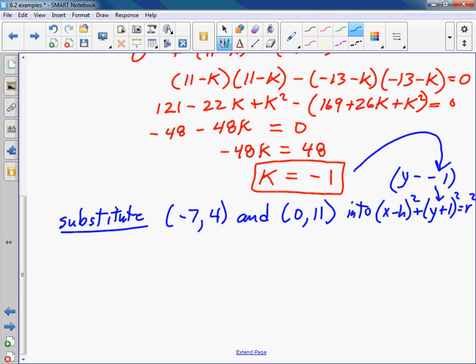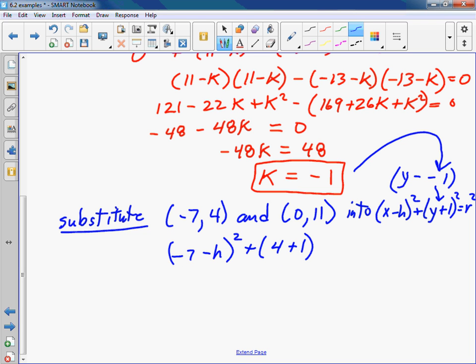Any worries on that? All right, so we're going to substitute this in, and we're going to get negative 7 minus h quantity squared plus 4. Yes, negative 7 and 4 are ordered pairs. They've got to go together. I put negative 7 here, I've got to put 4 here.